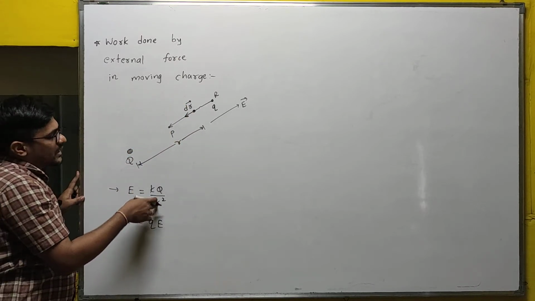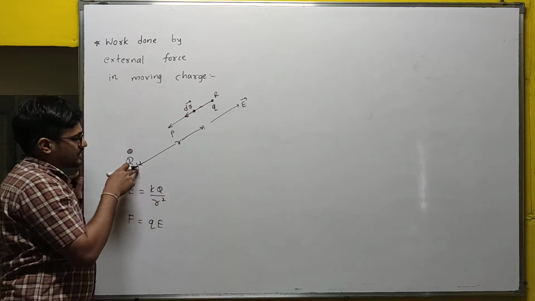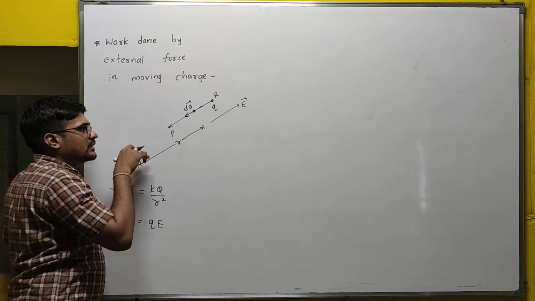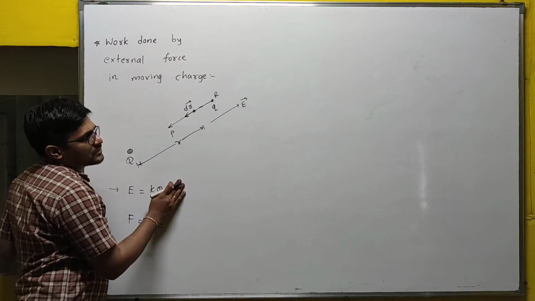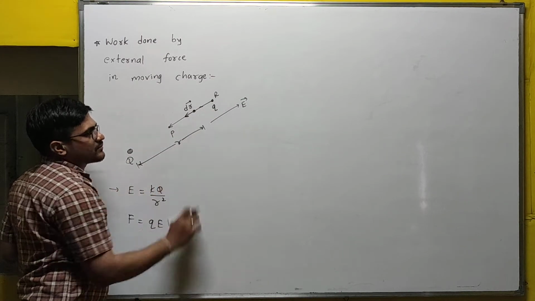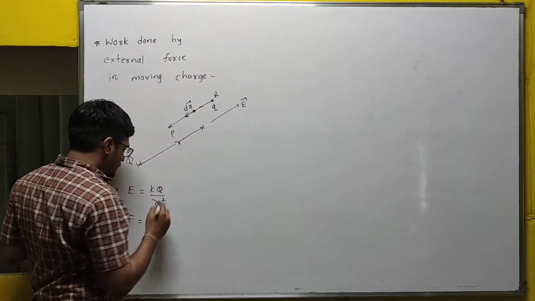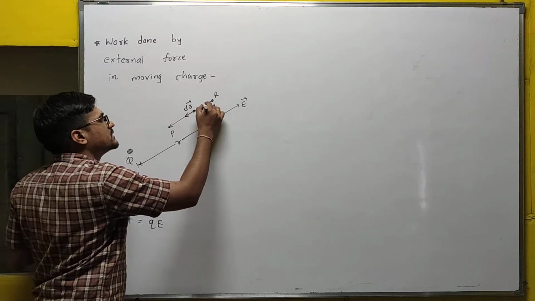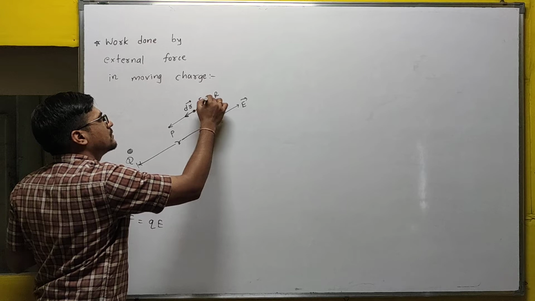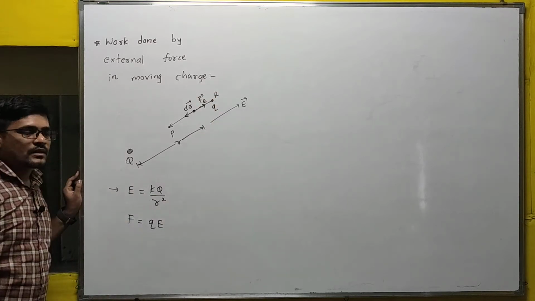Now the force experienced due to this electric field is in the direction of electric field. So the force exerted on this small q is in the direction of electric field, that is equal to qE, in this direction, force due to electric field.